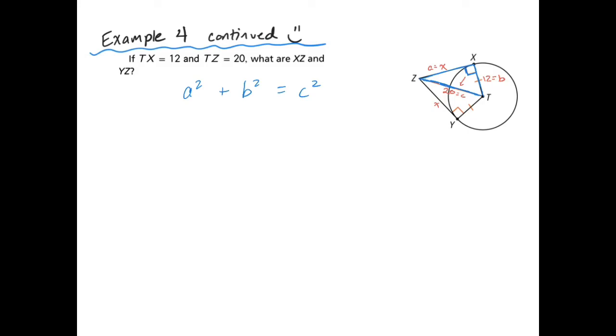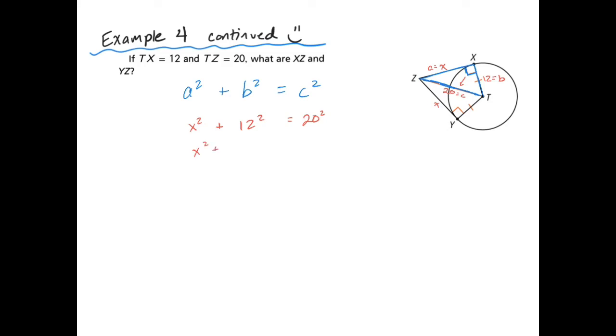So to find missing side XZ, I've got to use the Pythagorean theorem, but make sure that the 20 is your c, and then it doesn't matter what a and b are. They're interchangeable. All right, so let's simplify that.